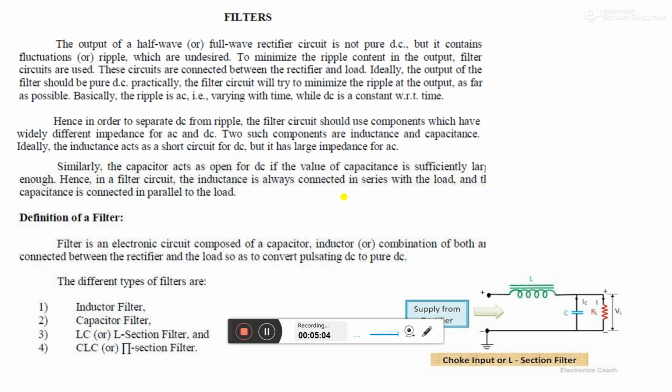There are types of filters. Number 1, inductor filter. 2, capacitor filter. 3, inductor capacitor or L section filter. 4th, CLC, meaning capacitor inductor capacitor filter, or simply pi section filter or pi filter. We will see them one by one.